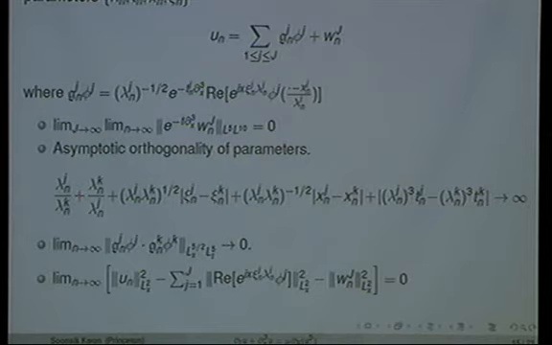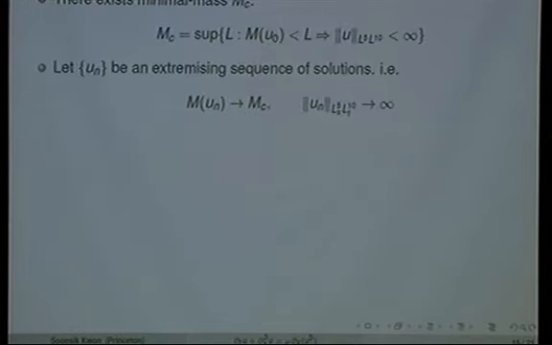If j and k are different, then either the scaling parameters take apart, or the frequency modulation parameters take apart, or the time translation or spatial translation parameters take apart. By using this asymptotic orthogonality, if j and k are different, then the product of the two profiles eventually goes to zero. That's why we refer to this as asymptotic orthogonality. We can also obtain that the mass of the whole thing is the sum of the masses of each profile.